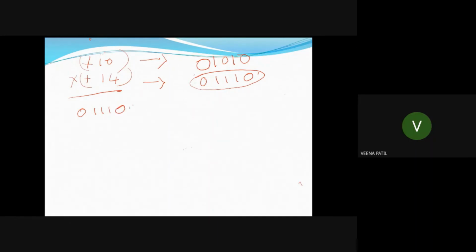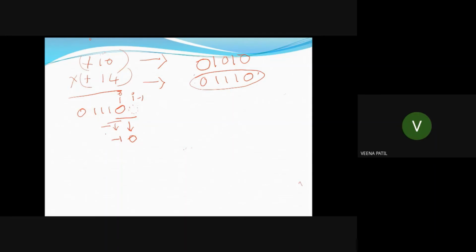Now to recode, I have to imagine a 0 here. Then I take these 2 bits, considering this as the ith bit and this as the i minus 1th bit. So the new recoded value that I'm going to get is 0. When it is 1, 0, can you tell me what it is? For 1, 0, it is -1.